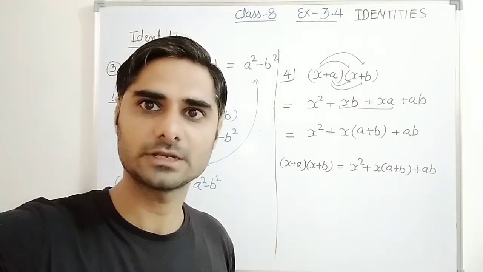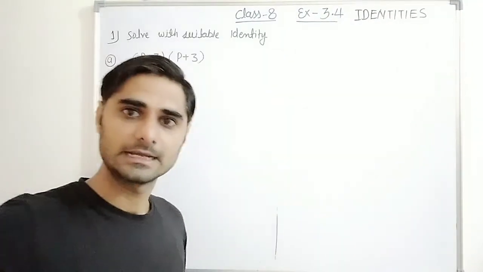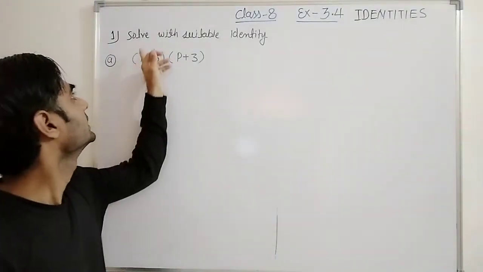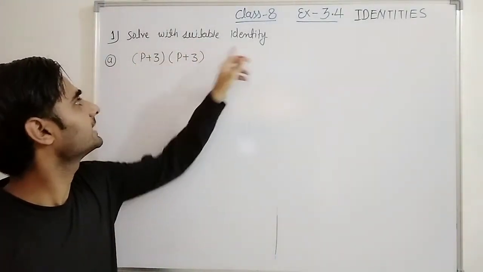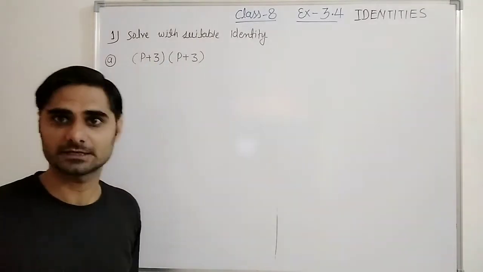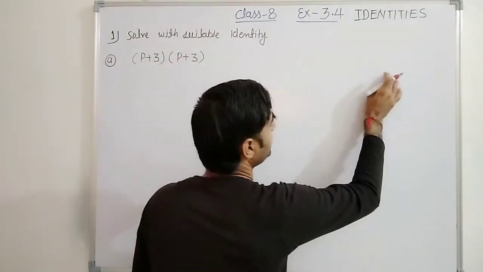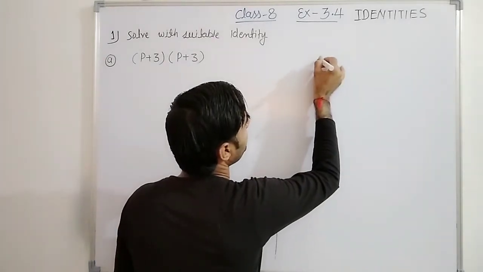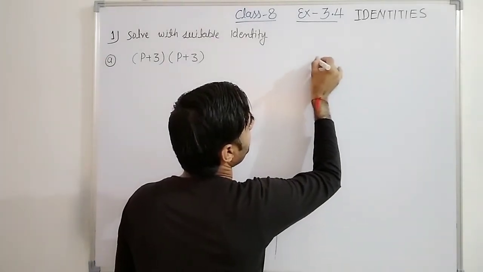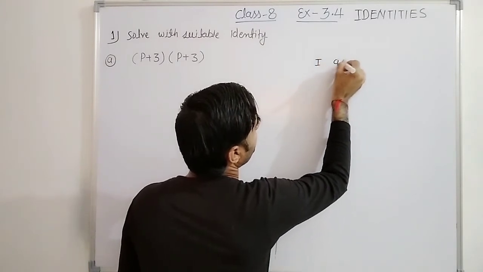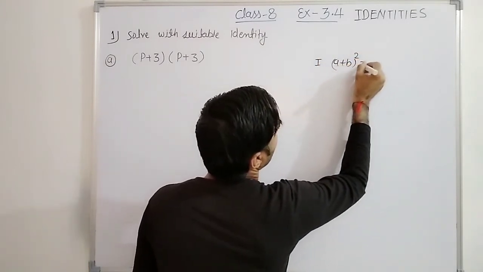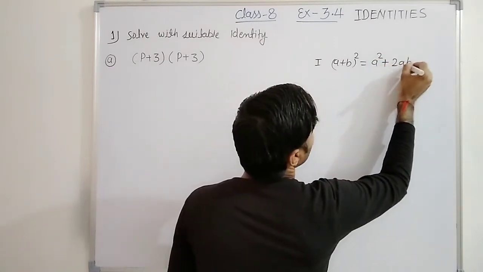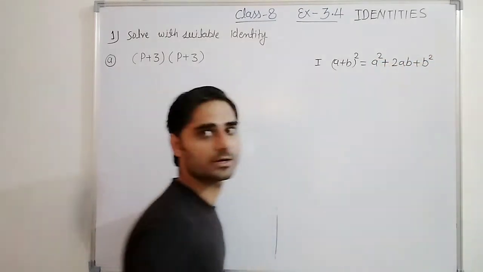Number 1 of 3.4. Now see here, we have written here first question, solve with suitable identity, p plus 3 and p plus 3. Now first of all I would like to write here identities. First identity is a plus b whole square is equal to a square plus 2ab plus b square.